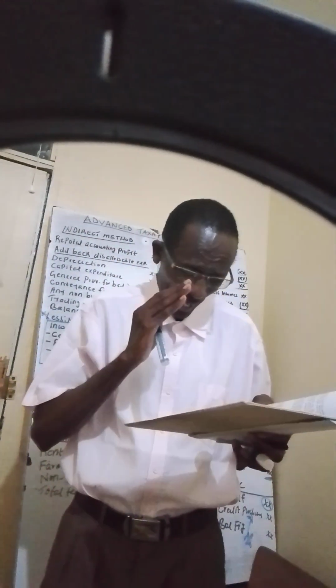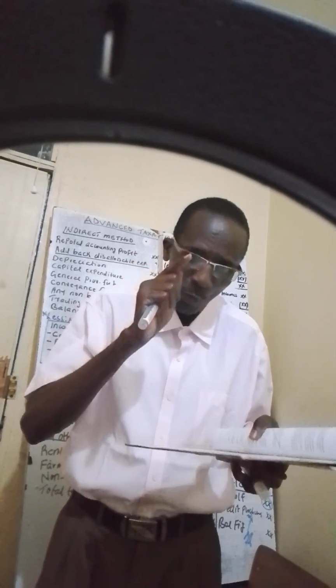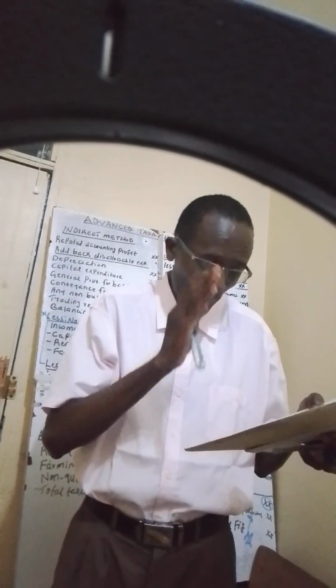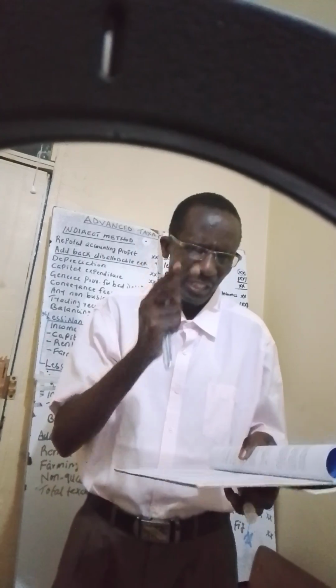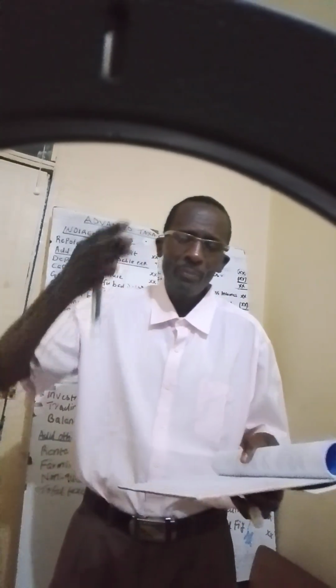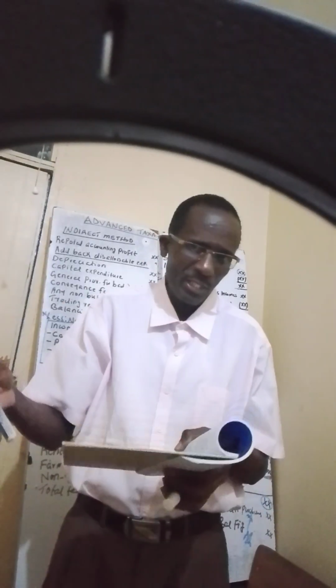So you are required here to understand taxation of a partnership where there is admission of a new partner and retiring partners during the year. For example, admission of a new partner: by the start of the year, there were two partners, but within the course of the year, one more partner was admitted.